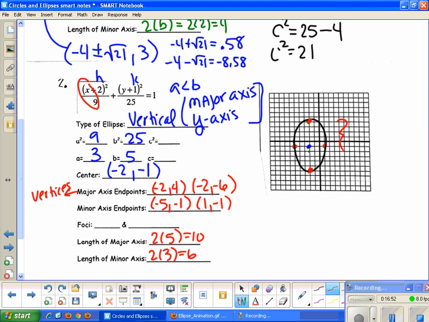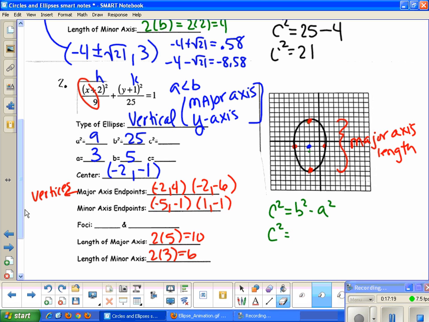So again, this is the major axis length. We're not done because we need to find the focal points. To do that, I take c squared equals the larger one minus the smaller one, so in this case, b squared minus a squared. So c squared is equal to 25 minus 9.